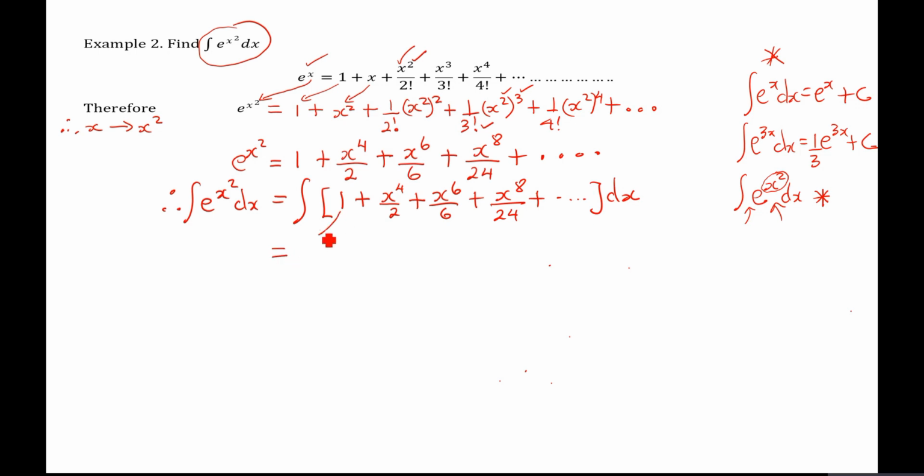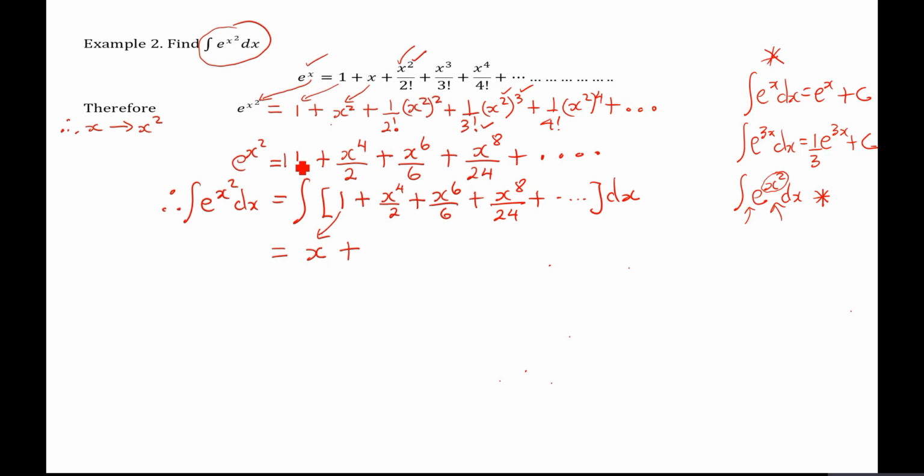Now integrate each term. The integral of 1 is x plus... Okay, I do see your concern. I've left out the term x squared, so I'm just going to put that in.